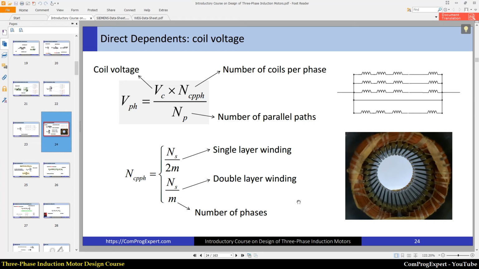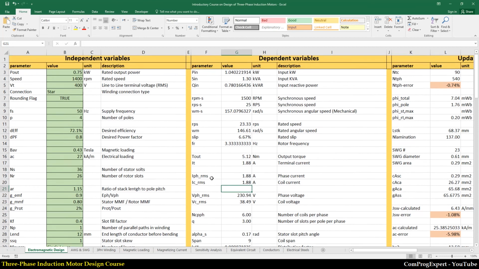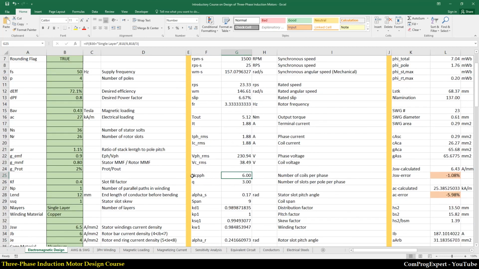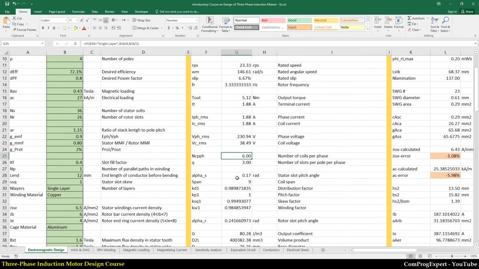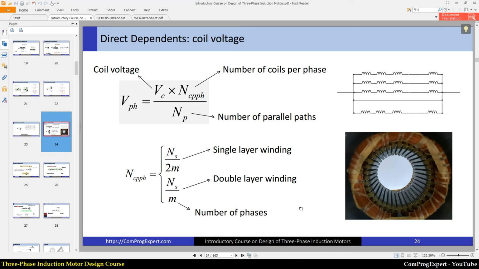For this benchmark motor, you can see this calculation here, and the number of coils per phase is equal to 6. Also, you can select the number of layers here, single layer or double layer. I selected single layer, the same as our benchmark motor.